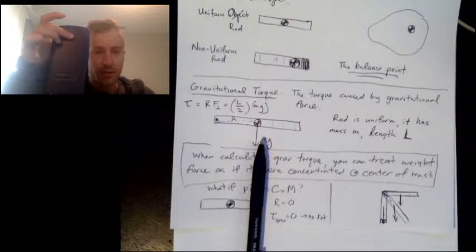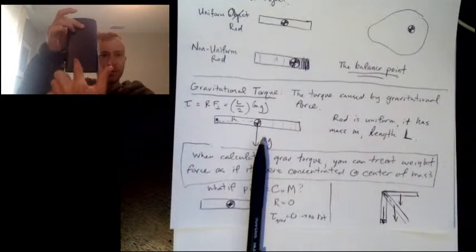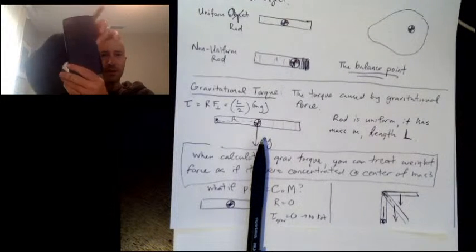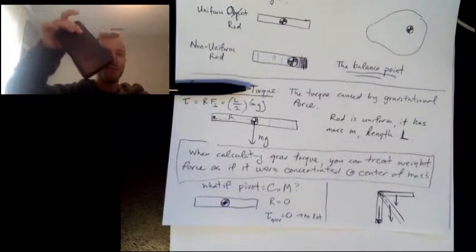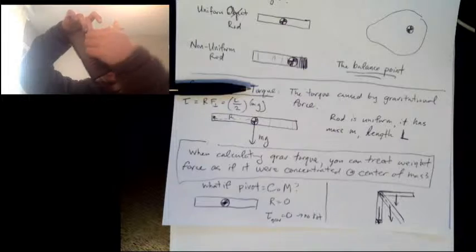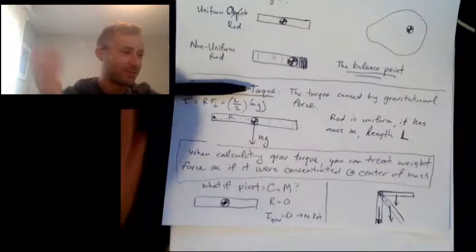So if I hold it like this, I know that the center of mass is directly below where I'm holding it. If I hold it from a different location and let it swing, then the center of mass is directly below that point. So, kind of a neat thing.